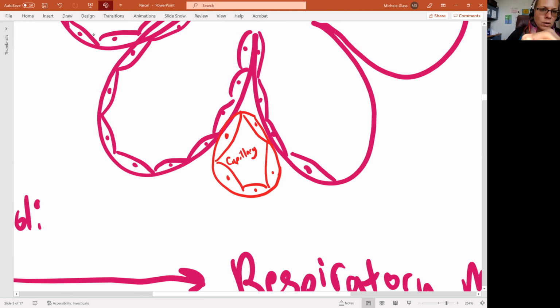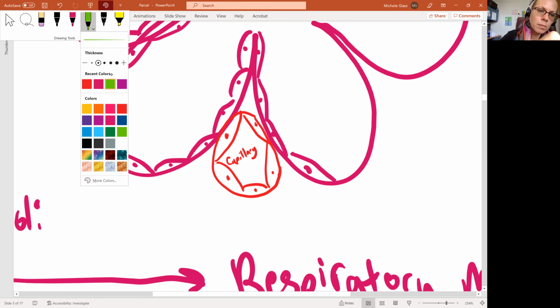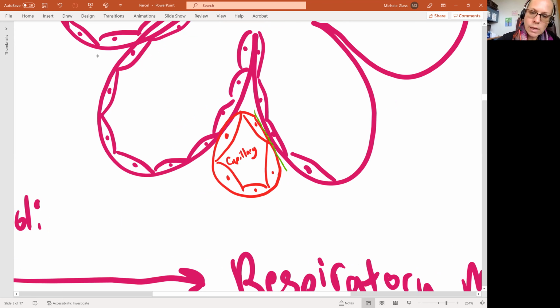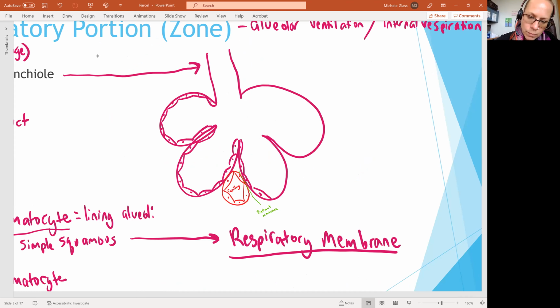And let me grab another color just so we can see. I'm going to grab a green. And I'm going to draw sort of a little line in between my alveoli and my capillary, and I'm going to label that line a basement membrane. So when we're talking about that respiratory membrane, we're talking about the simple squamous type 1 pneumatocyte, a basement membrane, and then the capillary.